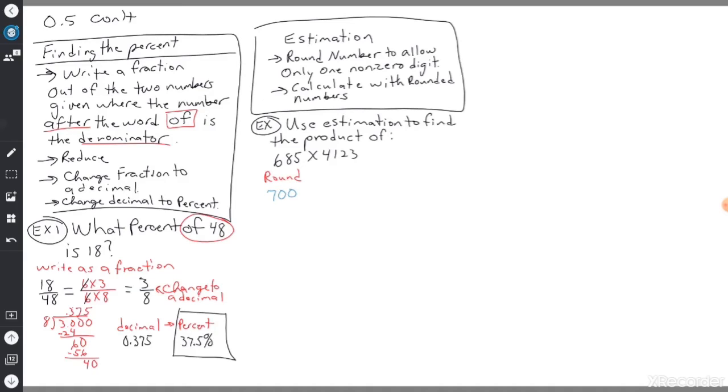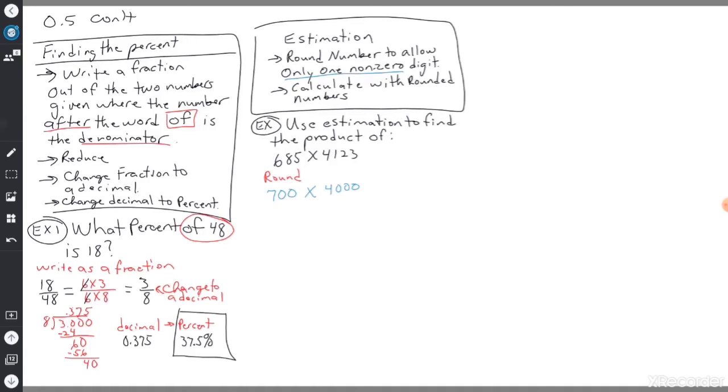So we want to allow only one non-zero digit. So 700, and then times. Again, we look at the first digit for the next one, which is a 4. The second digit is less than 5, so this goes down to 4,000.